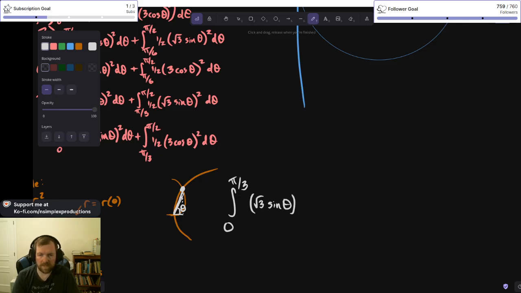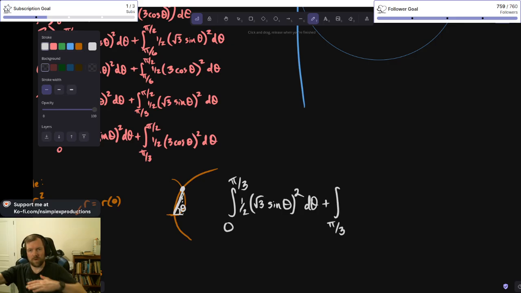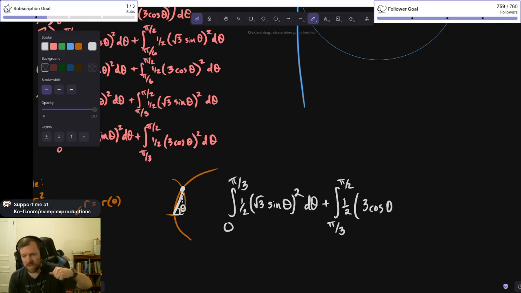And then we said that this needs to be 1/2 r squared d theta. Then we're adding to that, going from pi over 3 to, where do we get 0 again? Well, that side. Where do we get 0 again with a cosine function? That's at pi over 2. 1/2 times parentheses r squared, which in this case is 3 cosine theta squared d theta.